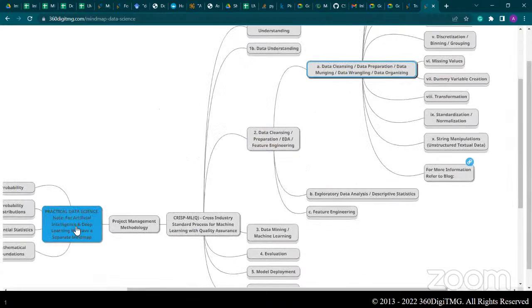So let's say, for example, we have temperature. Temperature, let's say, is 25.8 degrees Celsius.